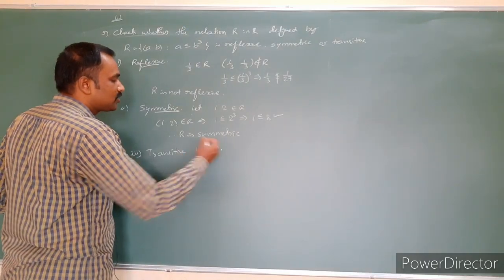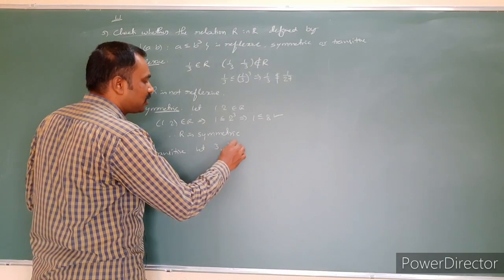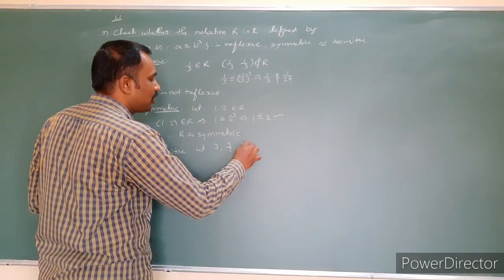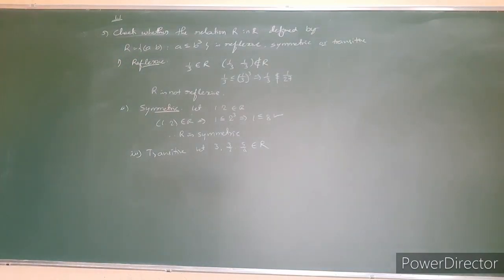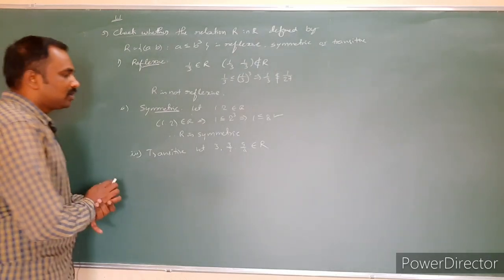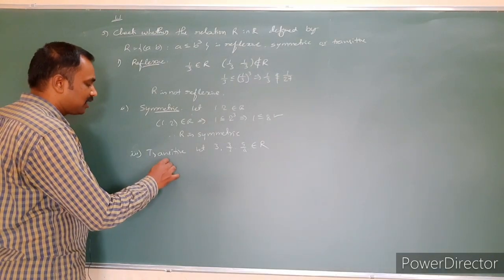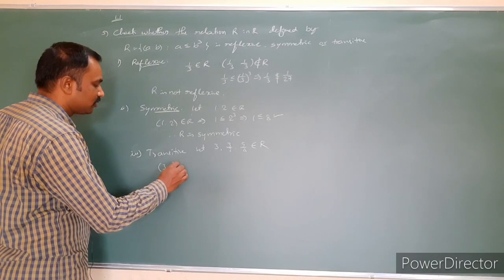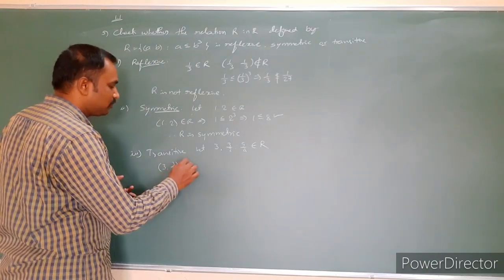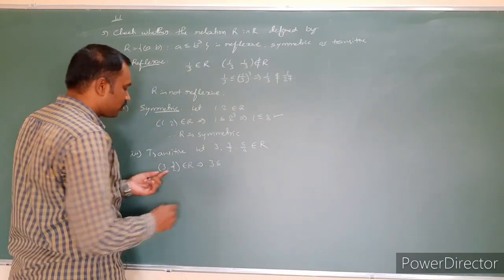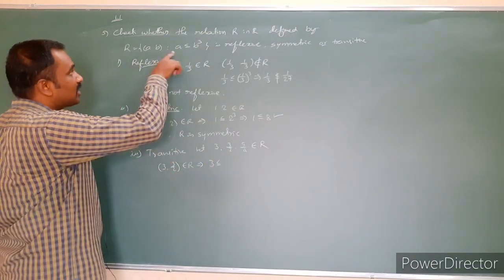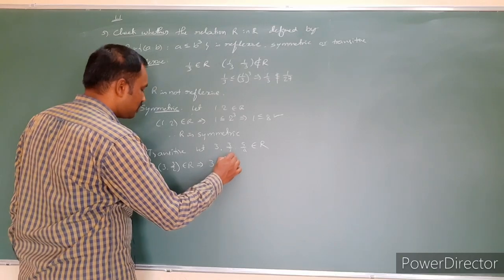Okay, then I choose 3, 3 by 2 and 5 by 4, which belong to the real number set R. Choose the 2 ordered pairs which are already present in the relation R. So is (3, 3 by 2) present in the relation R? Check it. Is 3 less than or equal to (3 by 2) whole cube, that is a less than or equal to b cube?